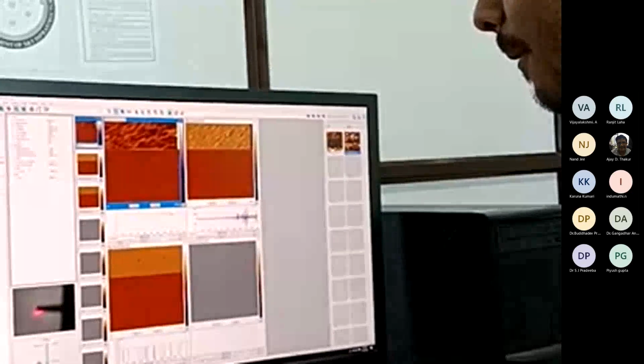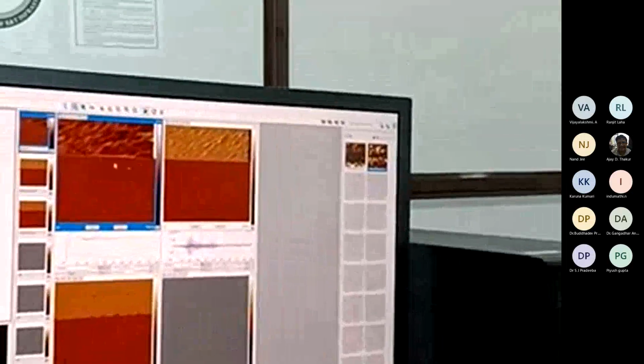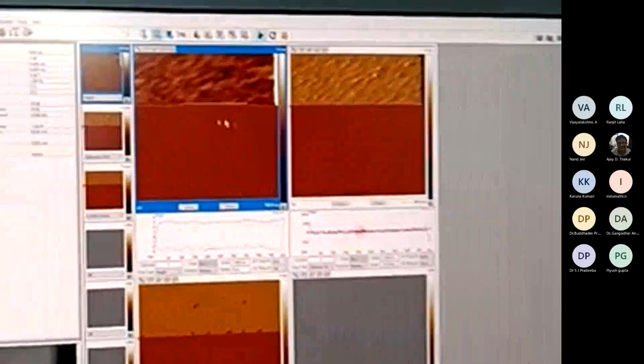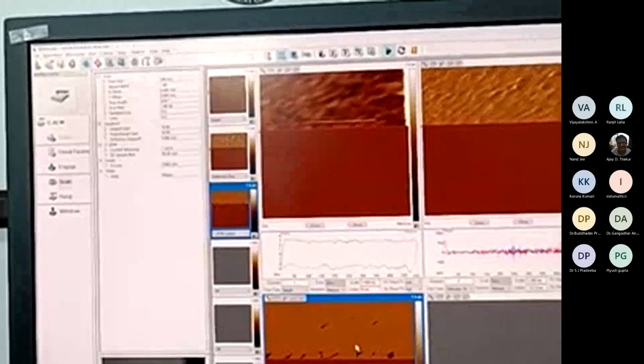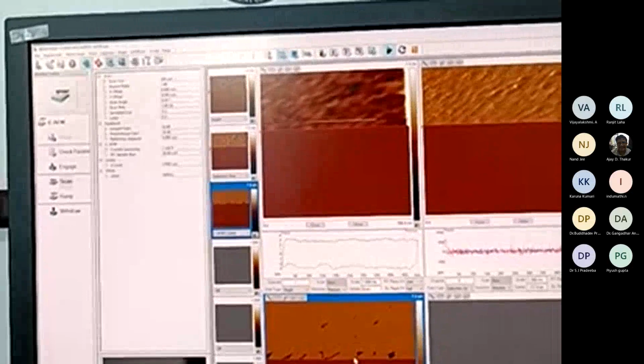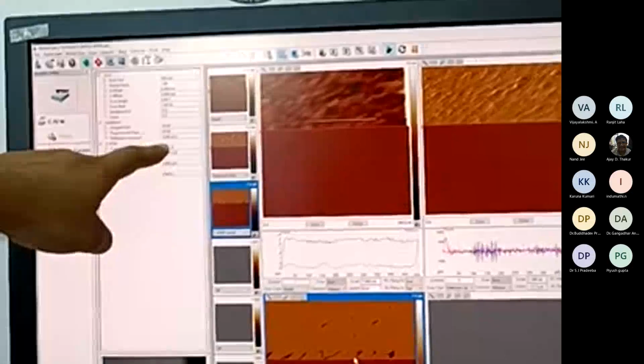Here, this image is basically topography in contact mode. This is deflection error, and this third one is current mapping we are doing, but we are not getting a good image. With the scanning, our cantilever is also mapping the current.